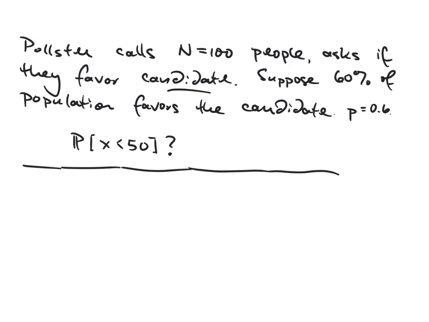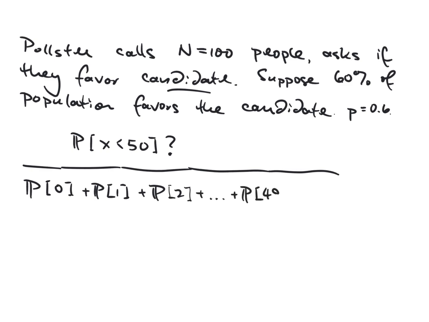And so to answer the question, we could calculate the probability of 0 plus the probability of 1 plus the probability of 2 plus, and keep going through 49.